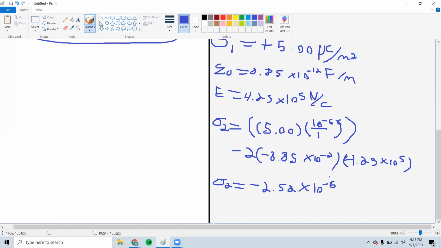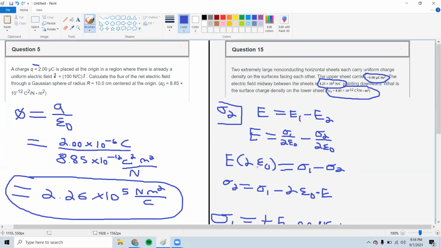Or well, actually, it's -2.52, because right here we got rid of that -6. So it is equal to -2.52, and the units are coulombs per meters squared. And that right there is the answer to question number 15.